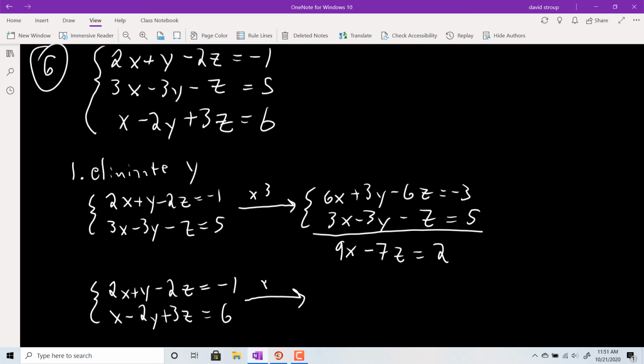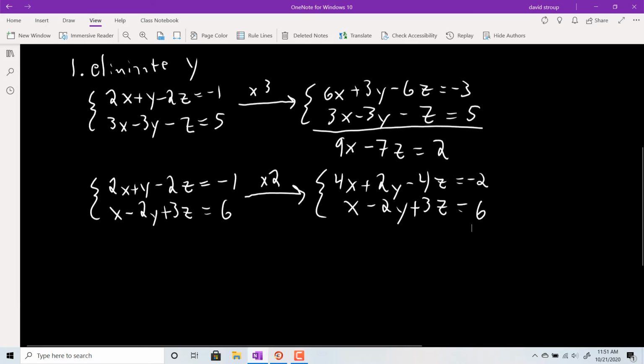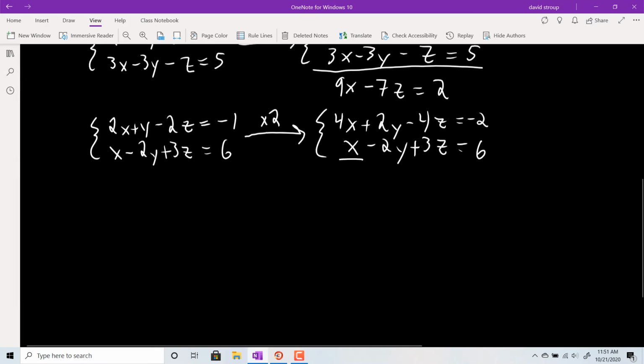I'm going to multiply the top one by 2, so I'll end up with 4x plus 2y minus 4z equals -2. Then I have x minus 2y plus 3z equals 6. Add those together and I'll have 5x minus z equals 4.